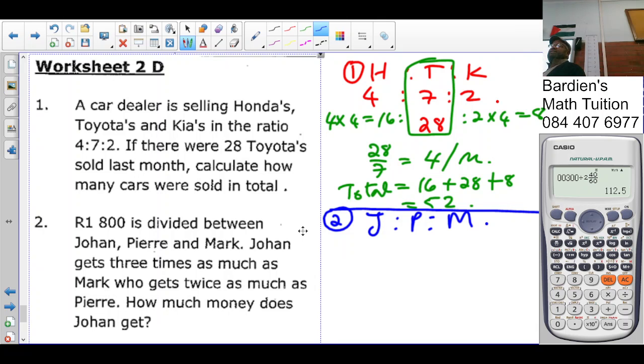So who gets the least? So we let him get 1 or X, okay? So Pierre equals X. So if he gets X, then Mark gets 2X and Johan gets 6X. So it's 6 is to 1 is to 2.